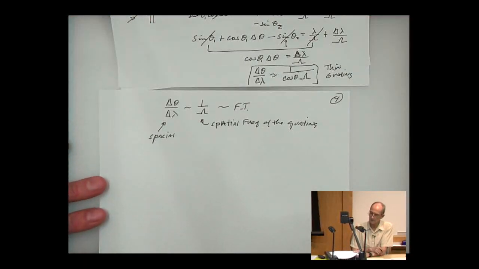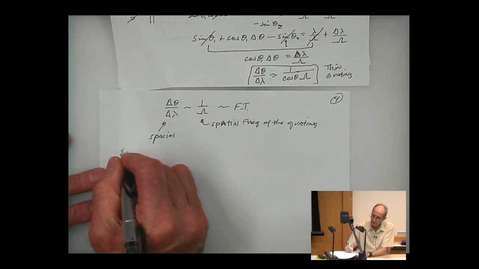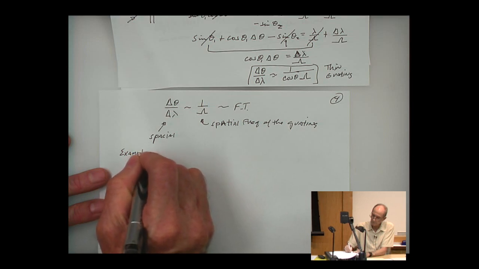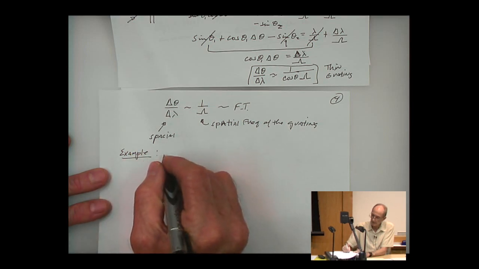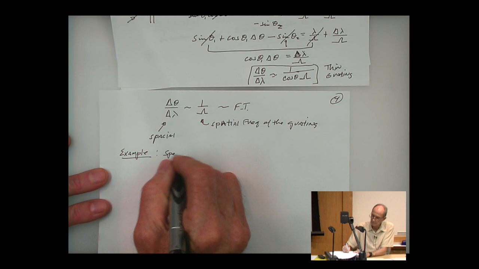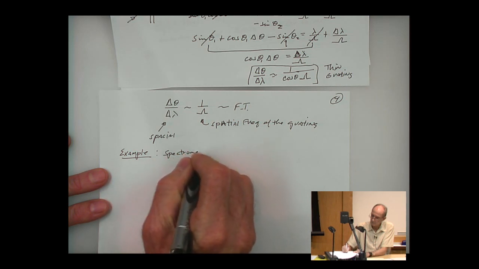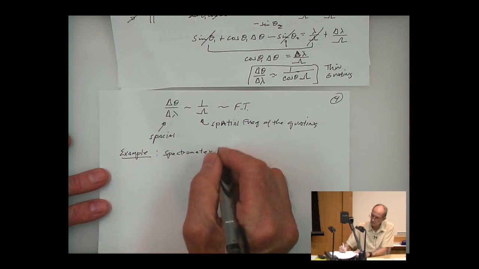Even at this stage, we can use it in describing some very important applications. And so we'll look at an example of making a spectrometer using a hologram.